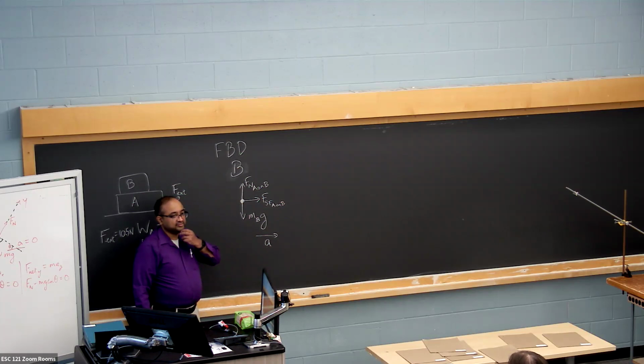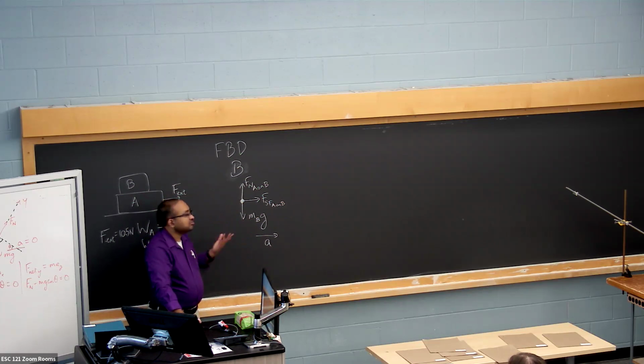Questions about this? Are you comfortable with the direction of friction, stuff like that? Question: why does it matter that it's force normal A on B versus just force normal? In this case, it doesn't matter too much, but it's good to keep track of who's exerting what.